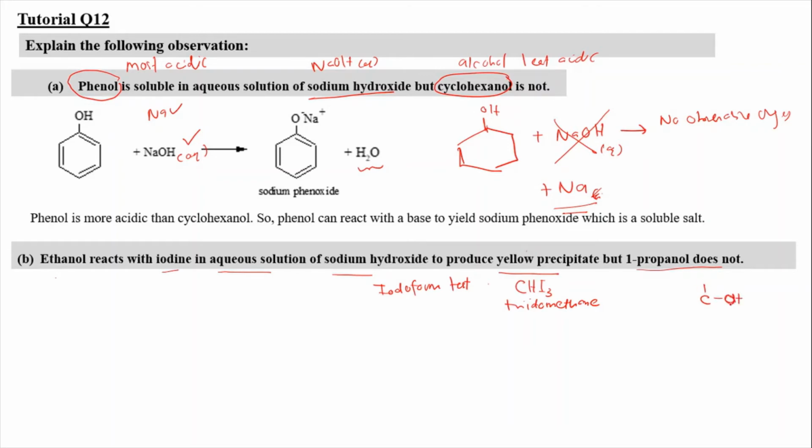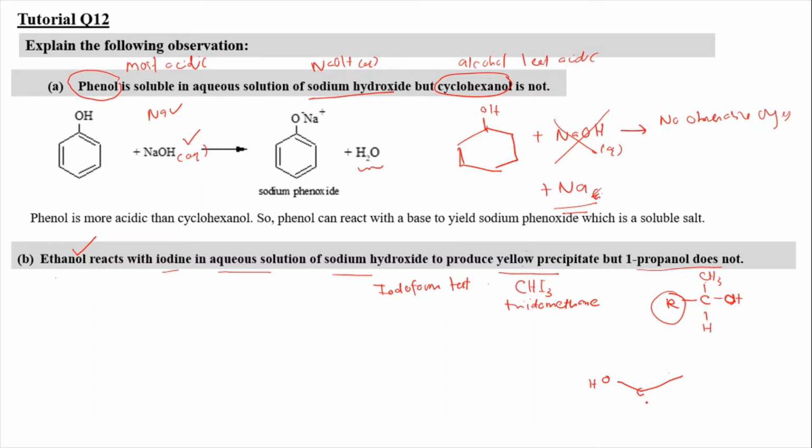When the structure has OH, CH3, and H attached on the carbon, and the other side doesn't matter, then it is going to give a positive result. In this case, ethanol gives a yellow precipitate because it has this structure. Ethanol has two carbons, 1 and 2, and carbon number 1 is attached to OH.